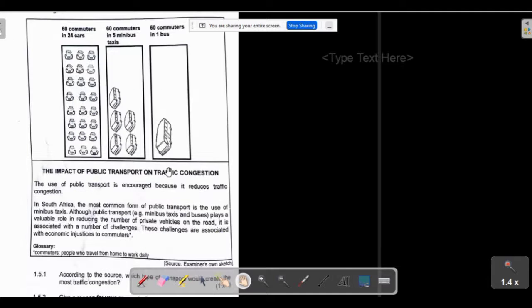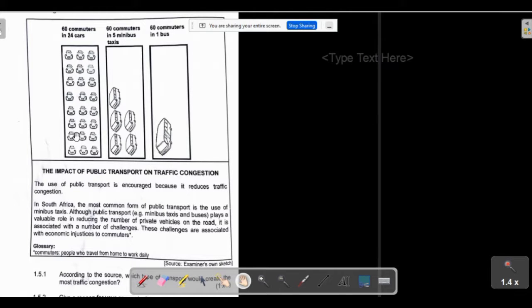Okay, so what do we see here? We have a sketch here. It says 60 commuters in 24 cars, then 60 commuters in 5 minibus taxis, and then 60 commuters in one bus. Okay, I see what's happening here. As you can see, if we all have cars, there are 60 commuters, the same number of people, and each person has their own car.